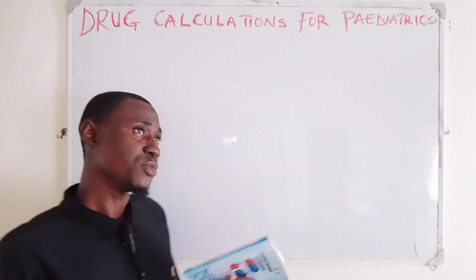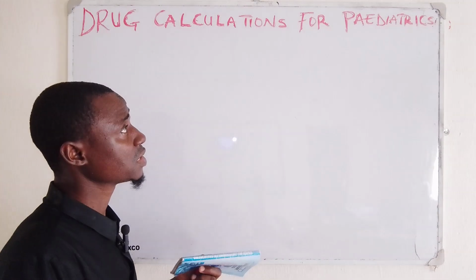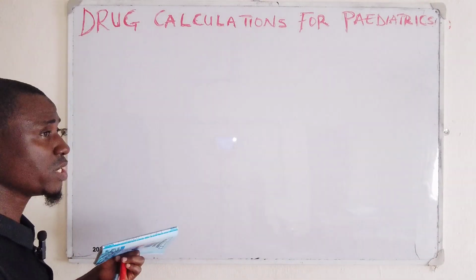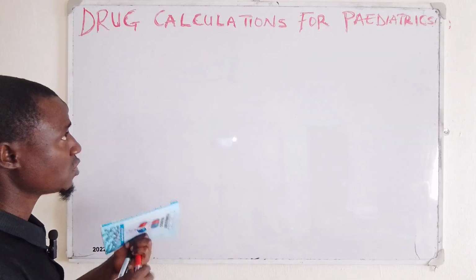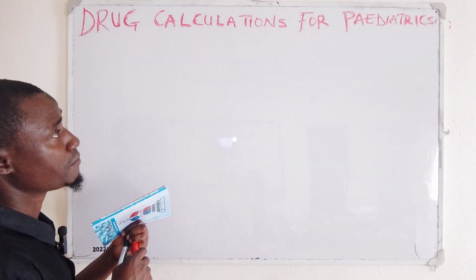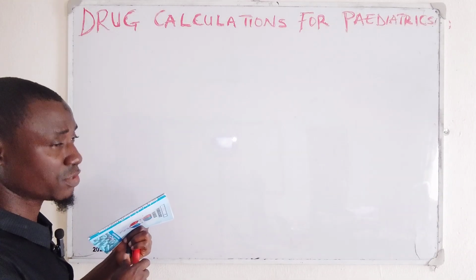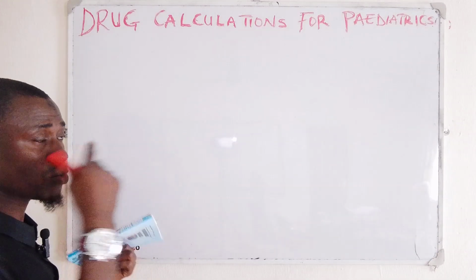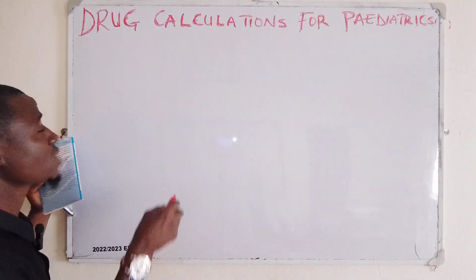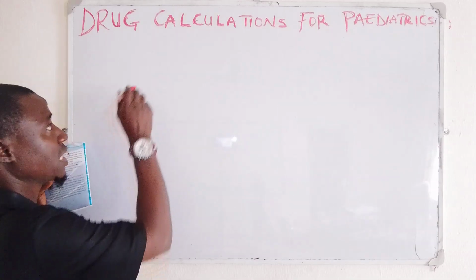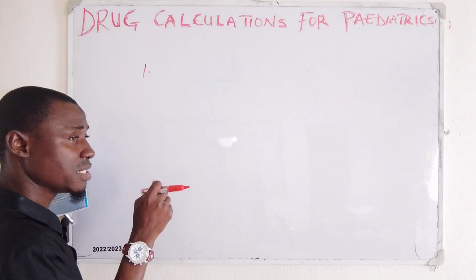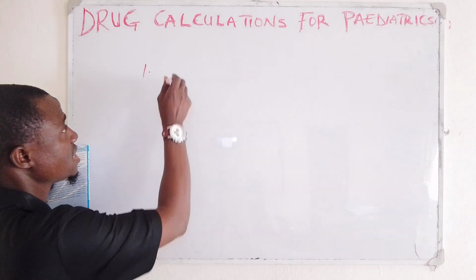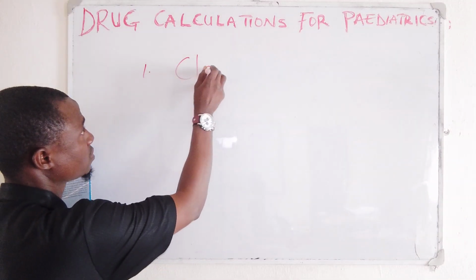Just like the age-based rules, the weight-based rules or formulas also have a very strong connection with the adult dose. The weight-based rules are also three, just like the age-based. The first one is Clarke's rule.